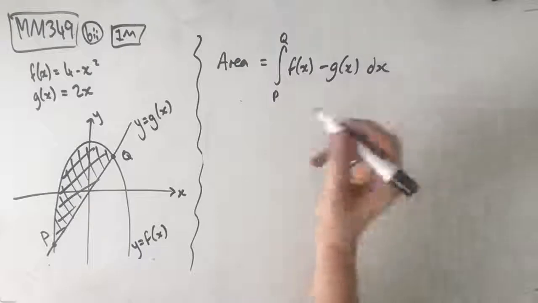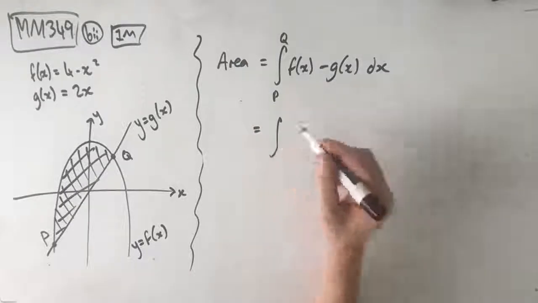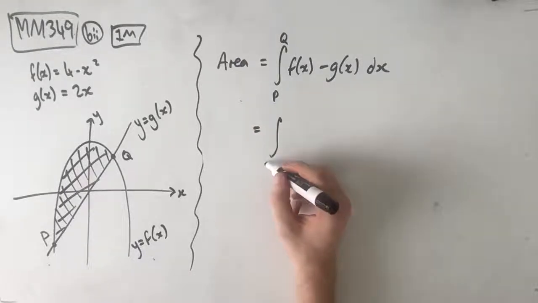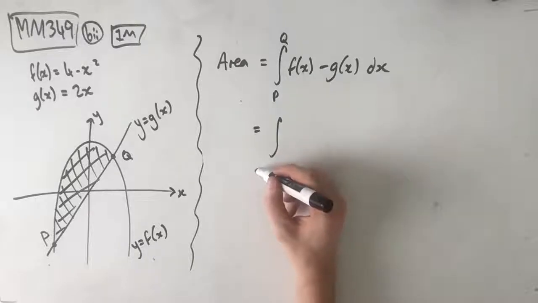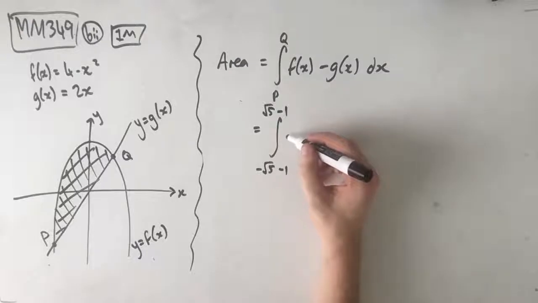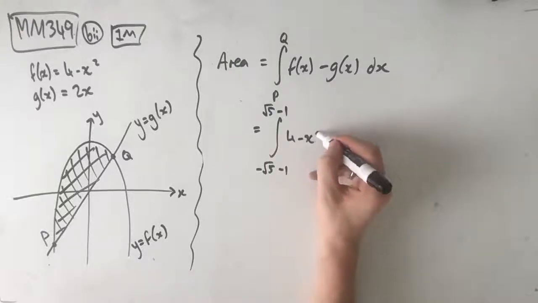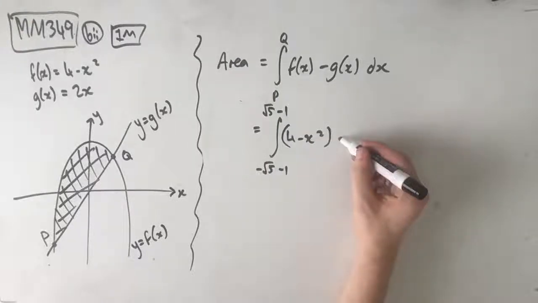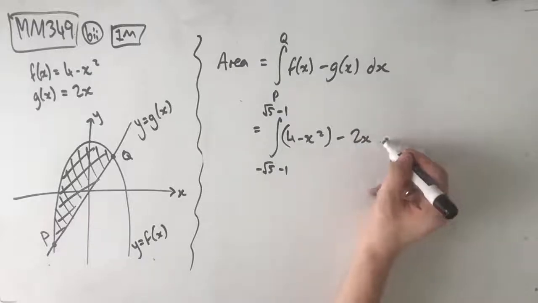So what we're going to get is, we found that our lower bound was negative root 5 minus 1, upper bound was root 5 minus 1, f of x is 4 take x squared, and our lower function is g of x, which is 2x dx.